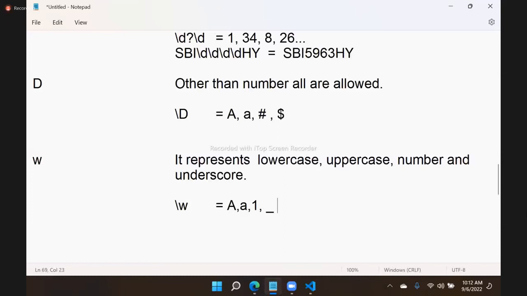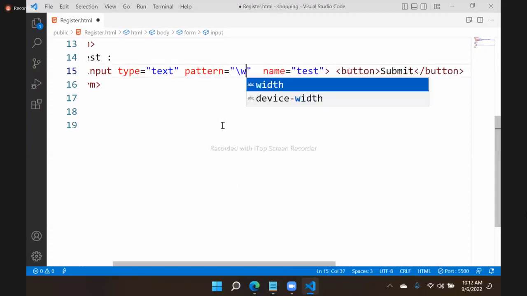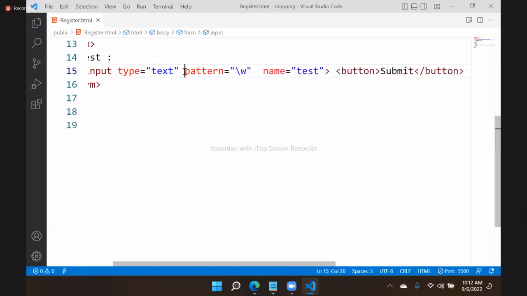Only underscore is allowed. Technically, we call them word characters. Word characters are defined by using \w.